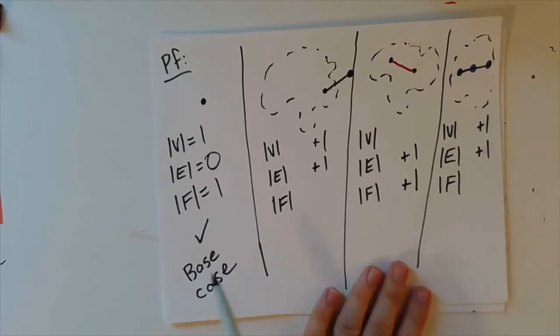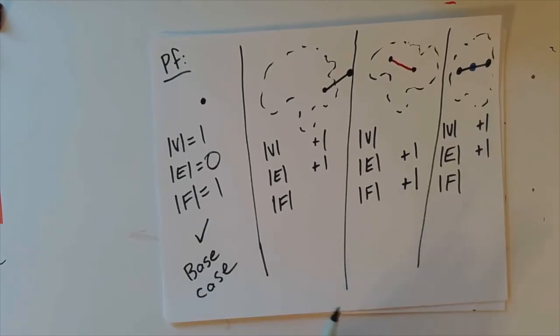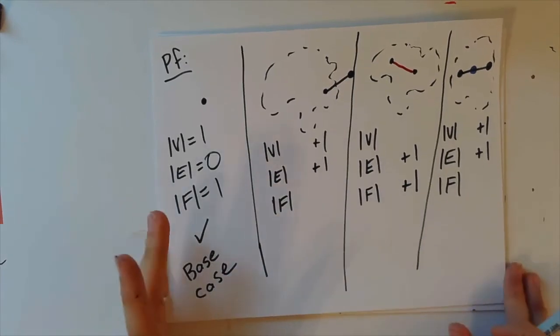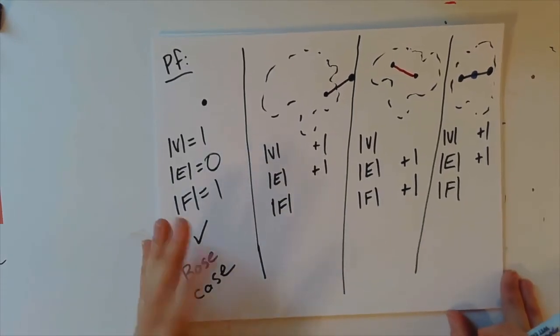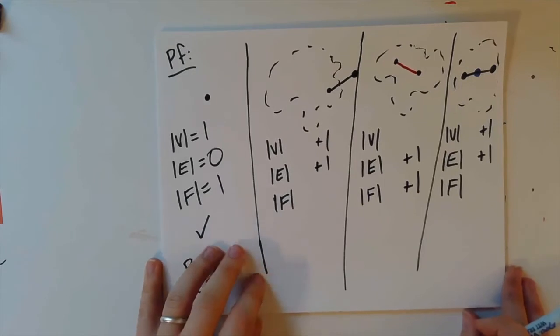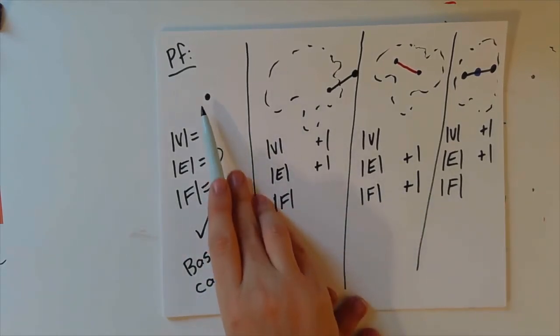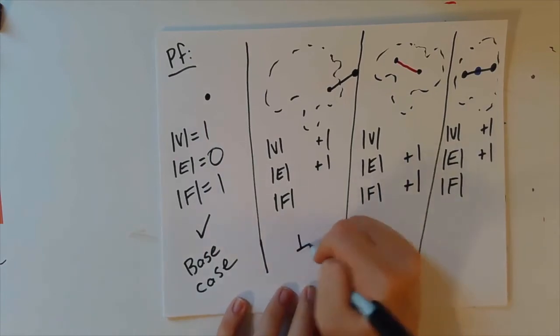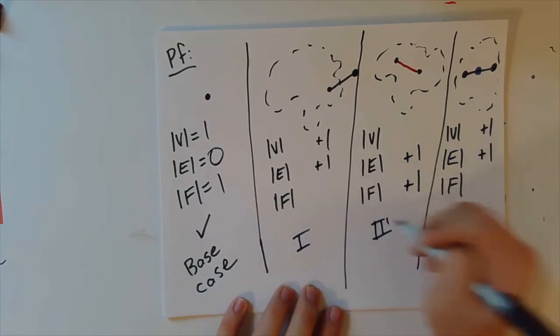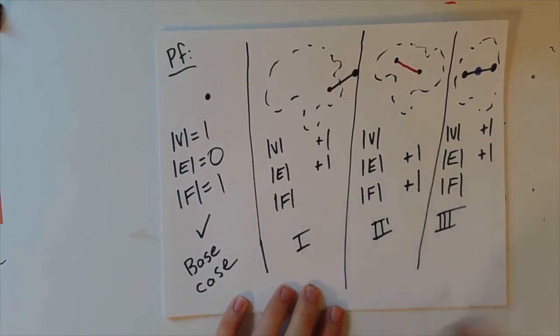So then, what do I have to do to convince you that this is enough to prove Euler's theorem? Well, I have to convince you that no matter what planar graph I want, I can start with this graph, that was my base case, and do one of these 3 operations. And with these 3 operations alone, I can get to any graph I want.